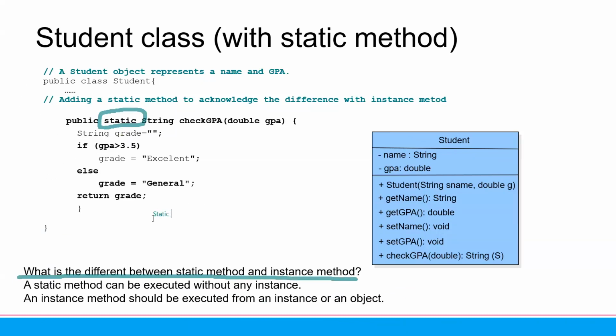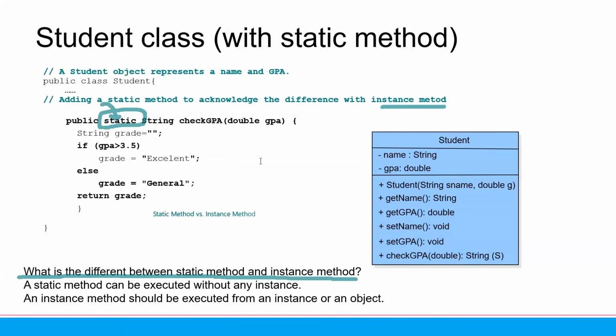So in the static method, as you know, the word static, there will be no changes. If it is instance method, it will be based on the instance. So the data will be based on the instance. The data will be based on the subject.